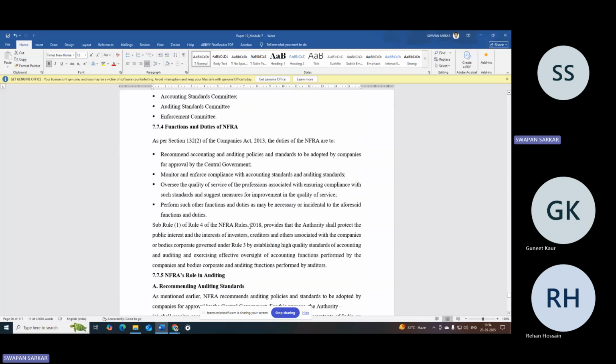Function and duties of NFRA. As per Section 132 subsection 2 of the Companies Act 2013, the duties of NFRA are as follows.